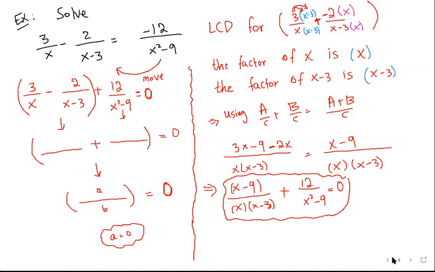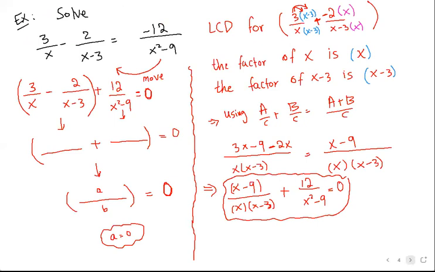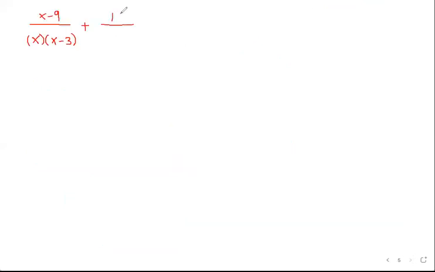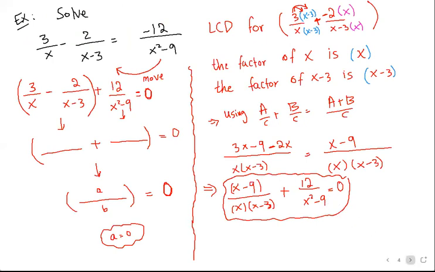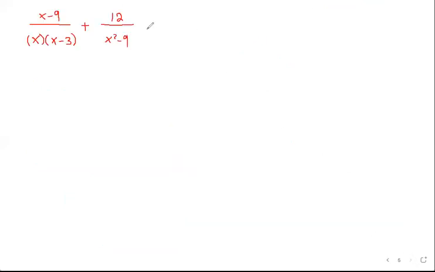So this is x minus 9 over x times x minus 3, plus what here? 12 over x squared minus 9, yes, equals 0.